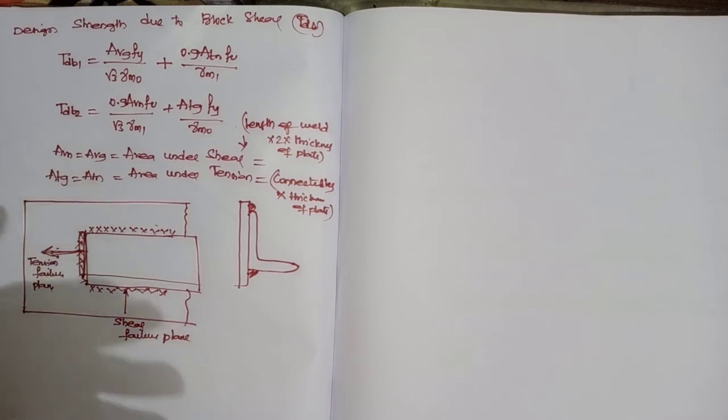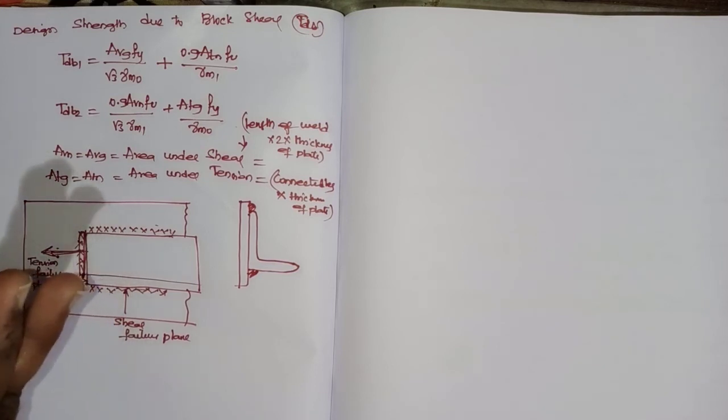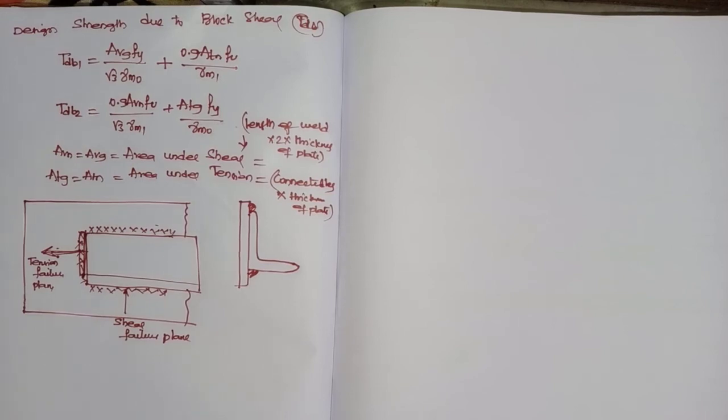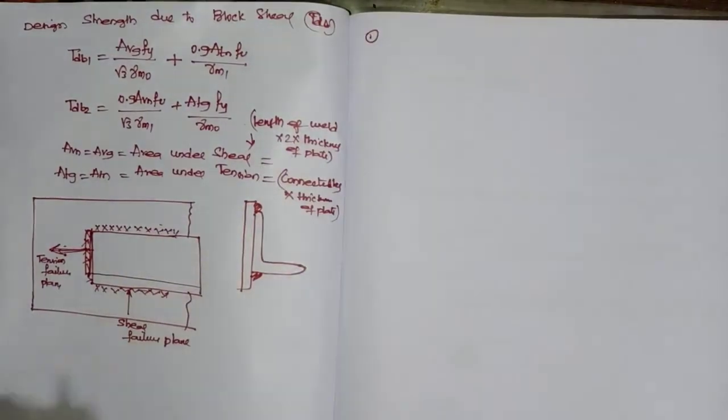Based upon these 3 formulas, we'll try to solve problems. We'll solve the main problems in the next class. Meanwhile, we'll see one small 3 marks question from this topic.